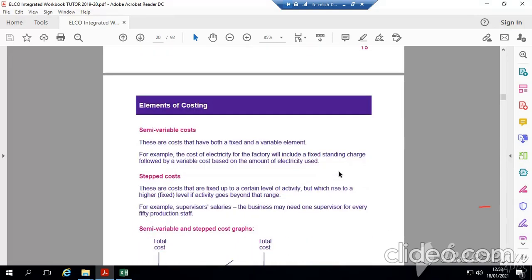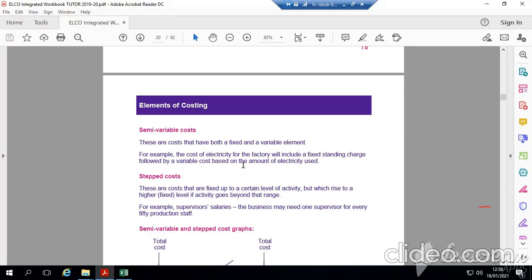So semi-variable cost. So semi-variable cost obviously is going to be fixed cost plus variable cost is equal to semi-variable cost. Okay, fixed cost plus variable cost equal to semi-variable.